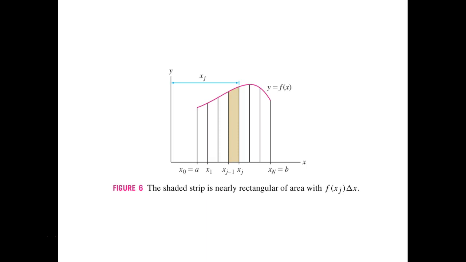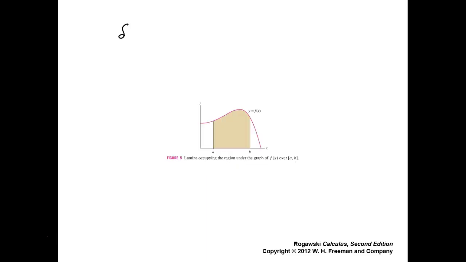Yes. Okay. So what we're doing here is the moment with respect to the y-axis, M sub y. Here are the assumptions. What we're saying is this is a thin laminar plate of uniform density.